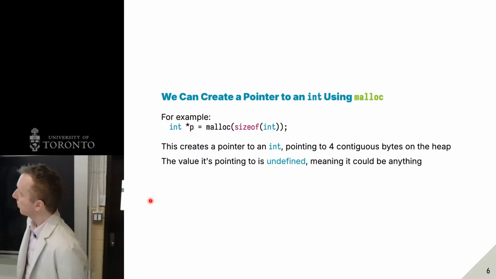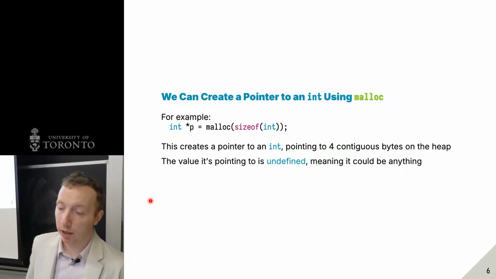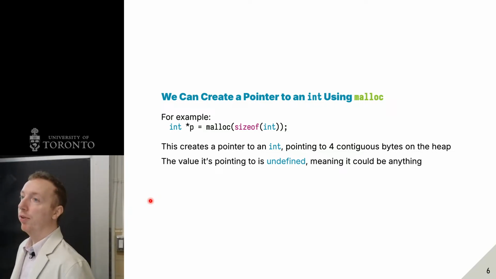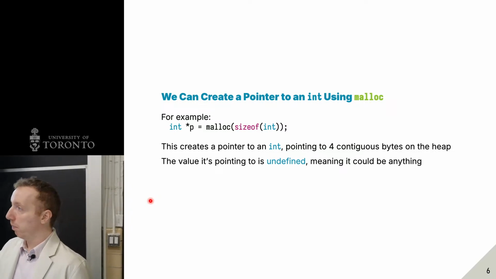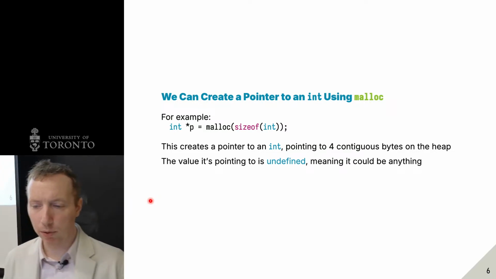So how this works is, again, you're getting a pointer. If you want to create a pointer to an int using malloc, you just have to be sure to allocate enough bytes to actually hold an int, preferably exactly enough to hold an int.